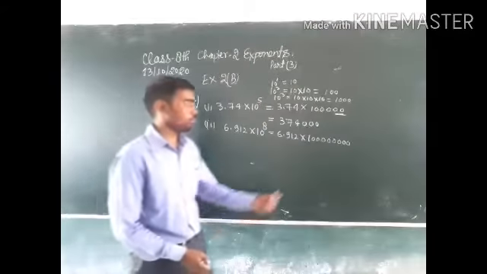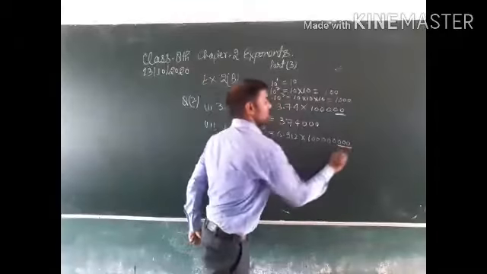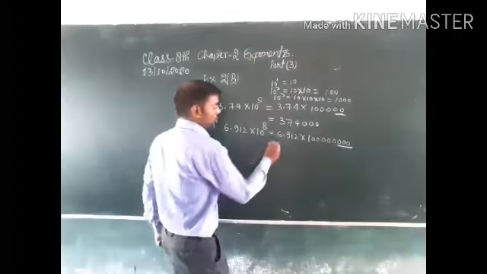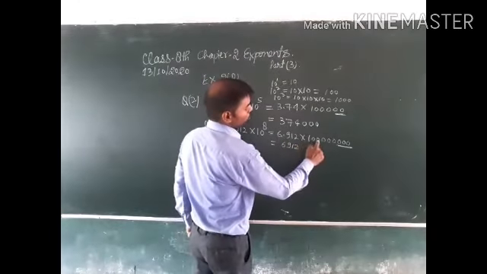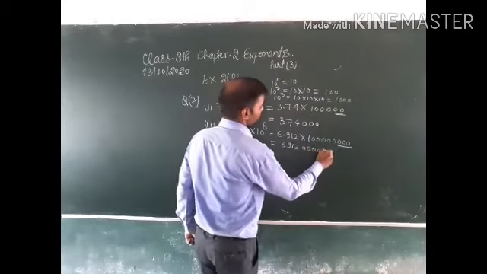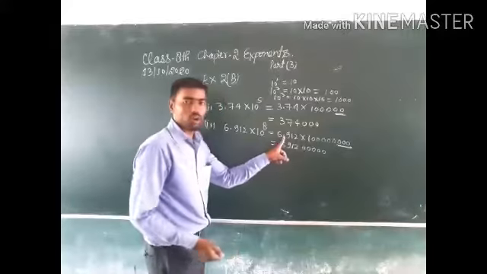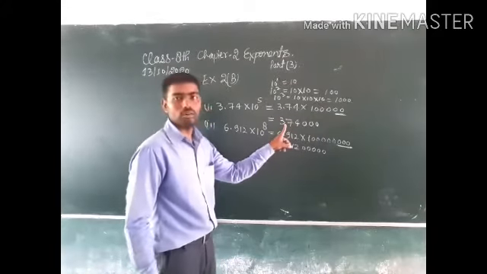How many zeros are removed? There are three decimal places, which means 3 zeros are removed. So we can write 6912 followed by 5 zeros, 1, 2, 3, 4, 5, and the decimal point is also removed.